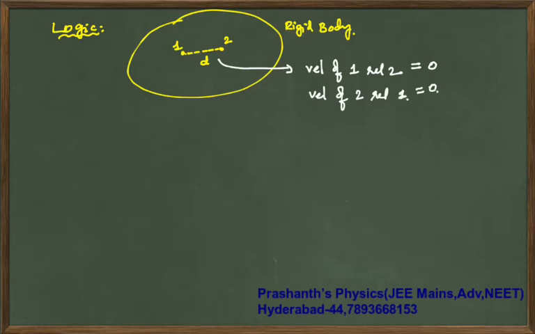This relative velocity must be 0. That means if you are standing at this point, this person is supposed to be at rest. He can rotate, but linear velocity wise, with respect to him, the distance must be constant.